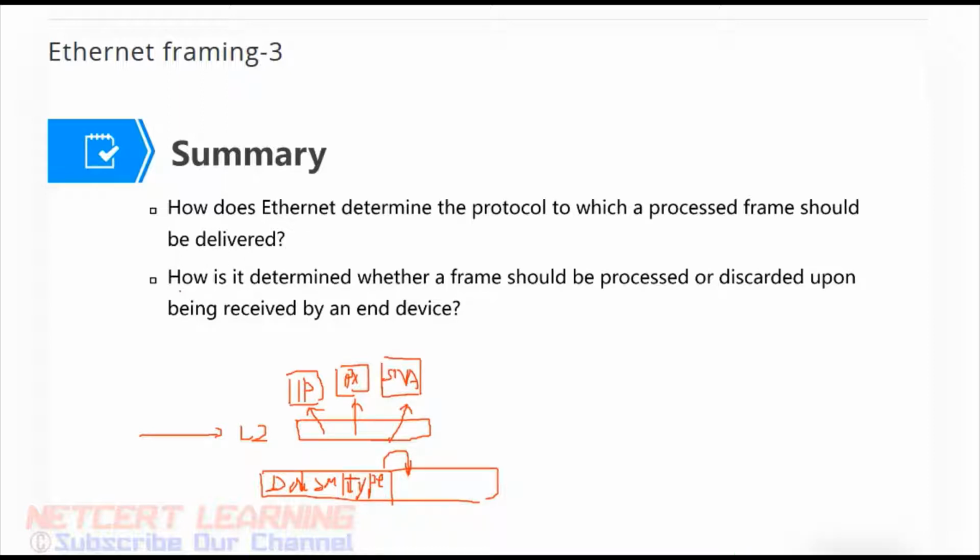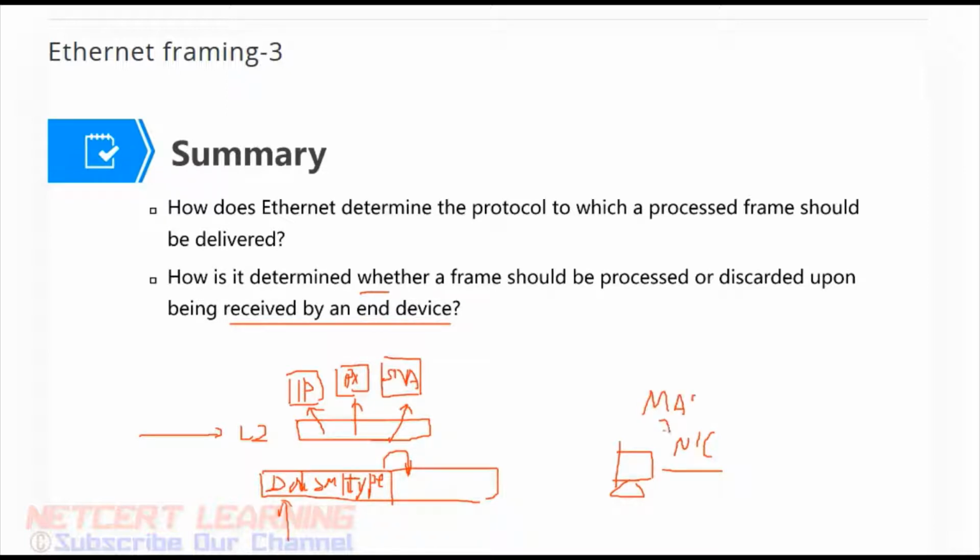The second question: how is it determined whether a frame should be processed or discarded upon being received by the end device? It uses the destination MAC address. In the frame there is a destination MAC address, and the computer receiving this frame has a network interface card with a bound-in MAC address.